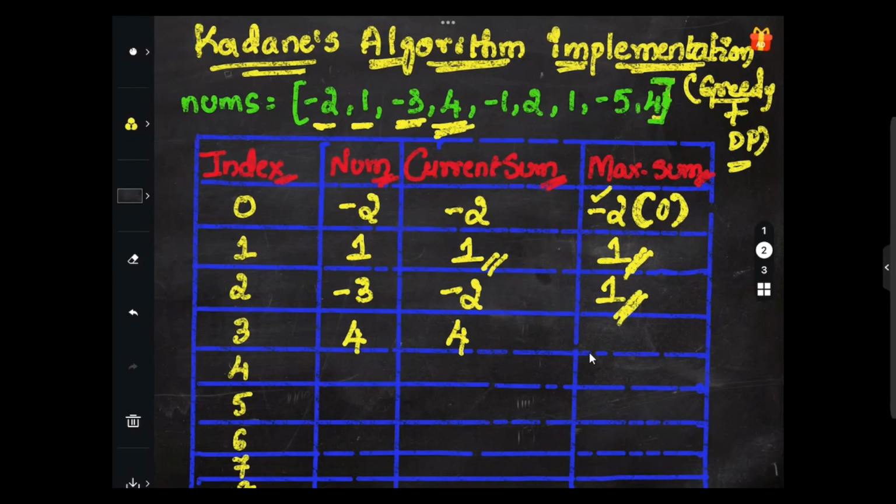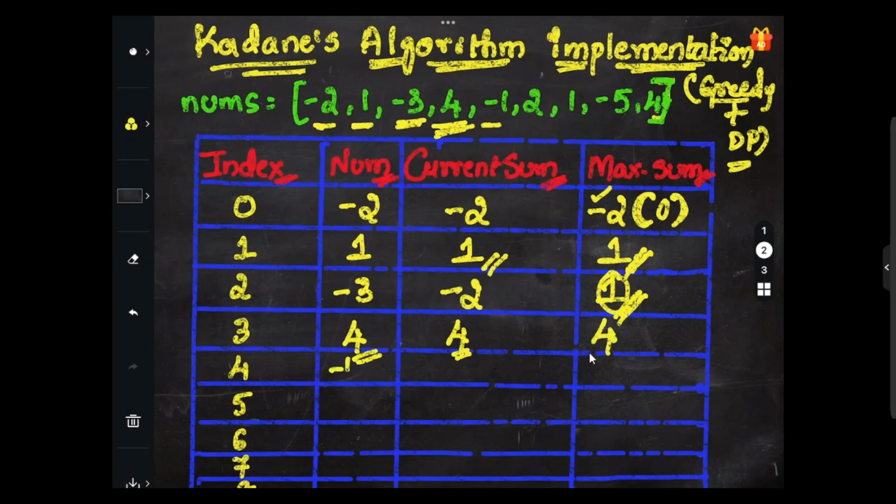I am writing here just for the sake of it: the maximum sum found so far is 1. Sorry, I explained this one wrong. Here the current sum is 4, and the maximum sum found so far is 4 as well.